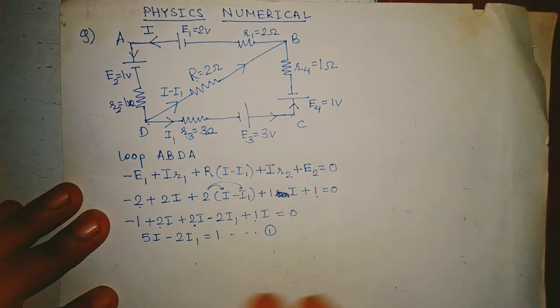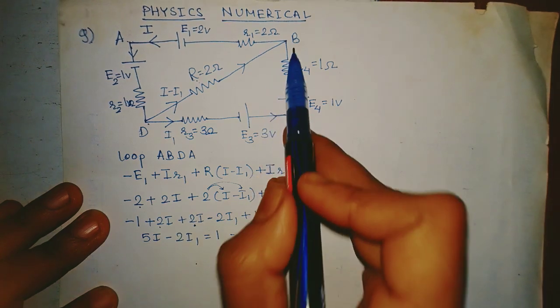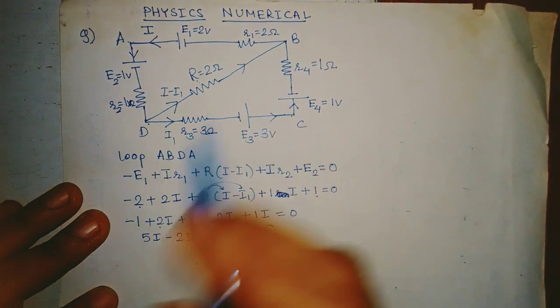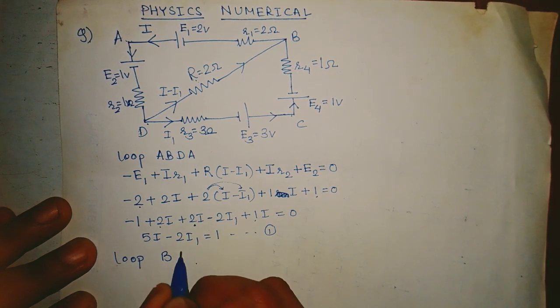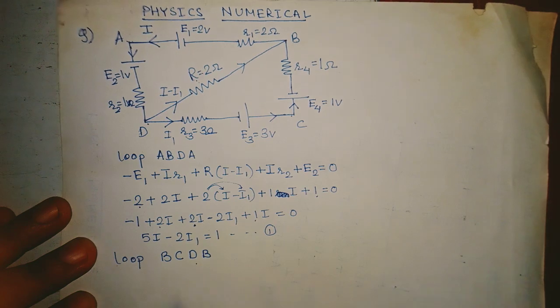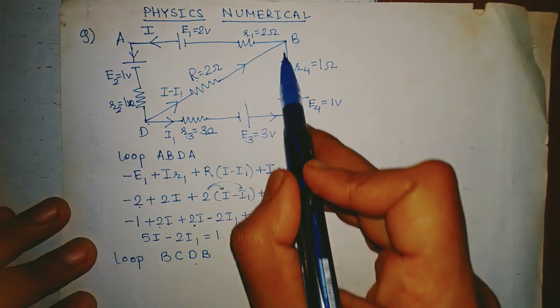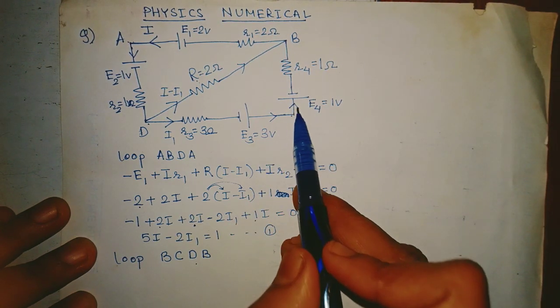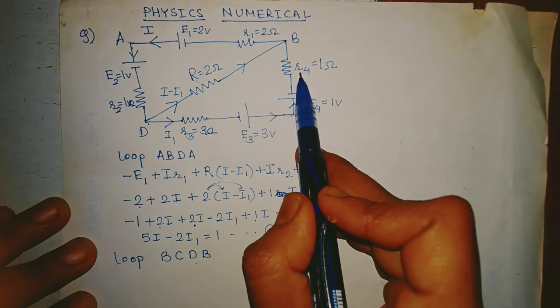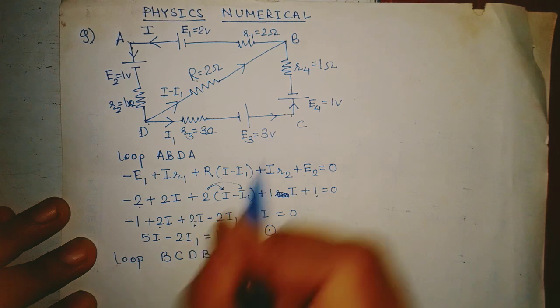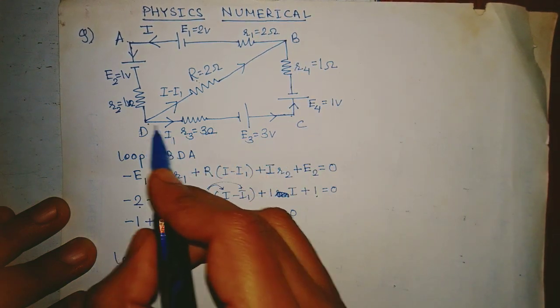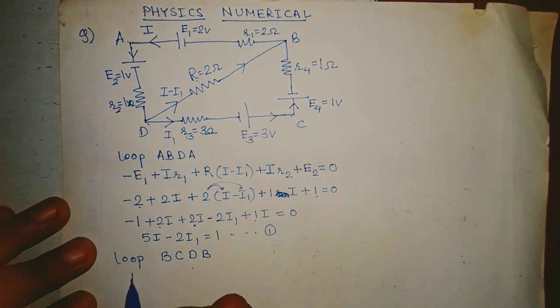Now let's consider the another loop, that is B C D B. Considering loop B C D B, starting we are moving against the direction of the current, so R4 will be positive, and this current is I1, so I1 R4.